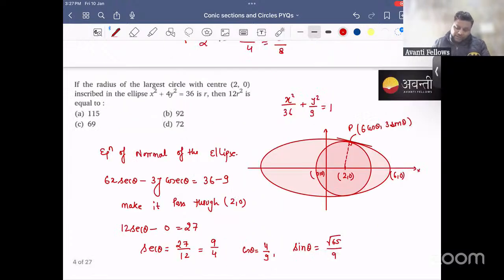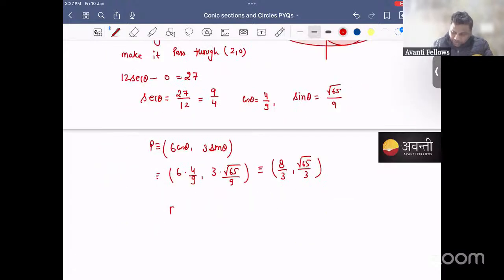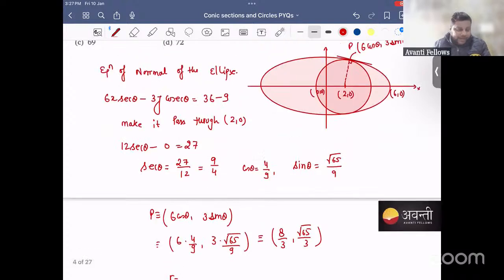Now what are they asking? Radius, and then they are asking for 12r². So the radius is the distance between this point P and (2, 0). You see that?